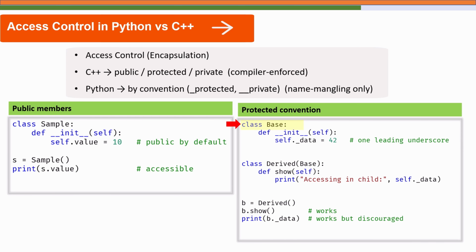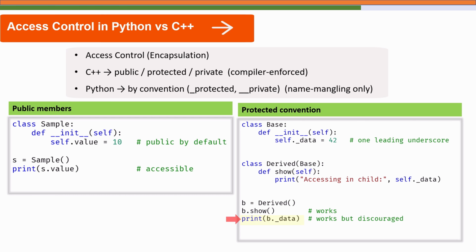For the protected convention, you can see a class hierarchy with a base class and a derived class that inherits from the base class. With one leading underscore, we can signify the protected convention. You can see with one underscore the attribute name _data. This signals basically the protected convention. That is how you can create an object of a derived class and then access that attribute using that object.